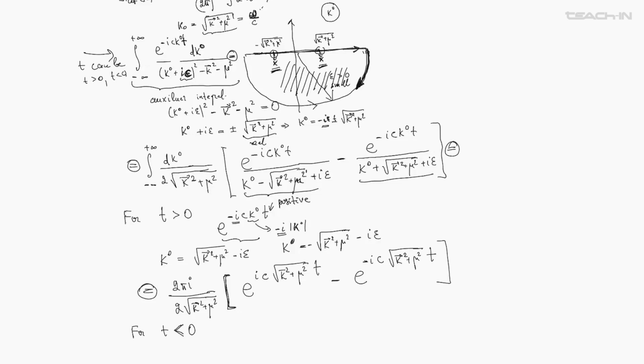In order to guarantee the exponential damping of our function at large values of k0, you have to close the contour in the upper half plane. But in the upper half plane, there are no poles. The function has its poles only in the lower half plane. And therefore, here the contour is in the upper half plane.